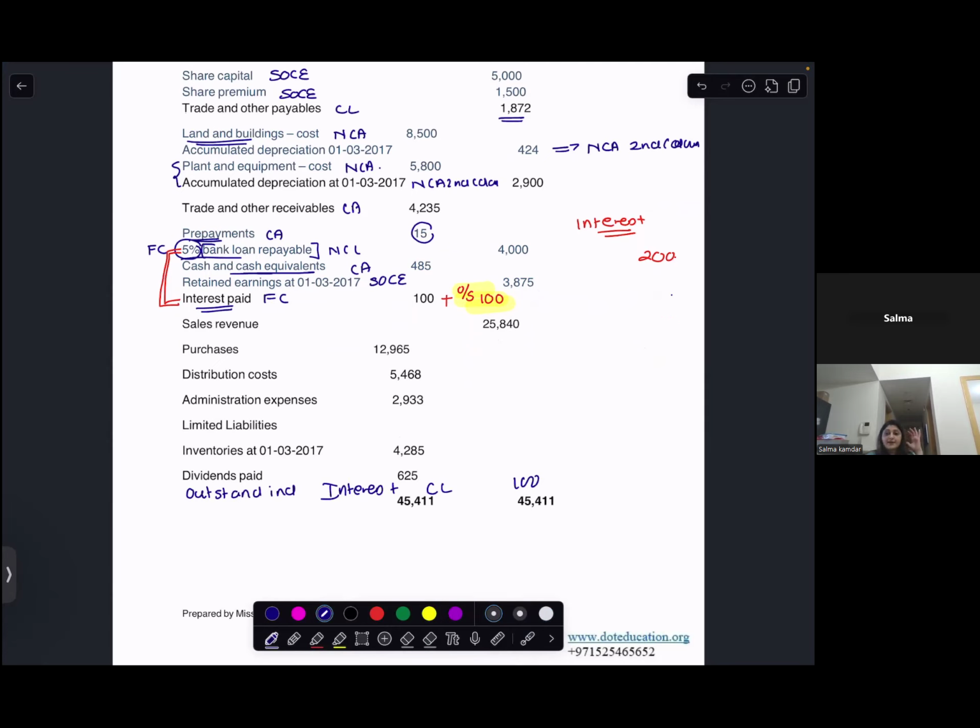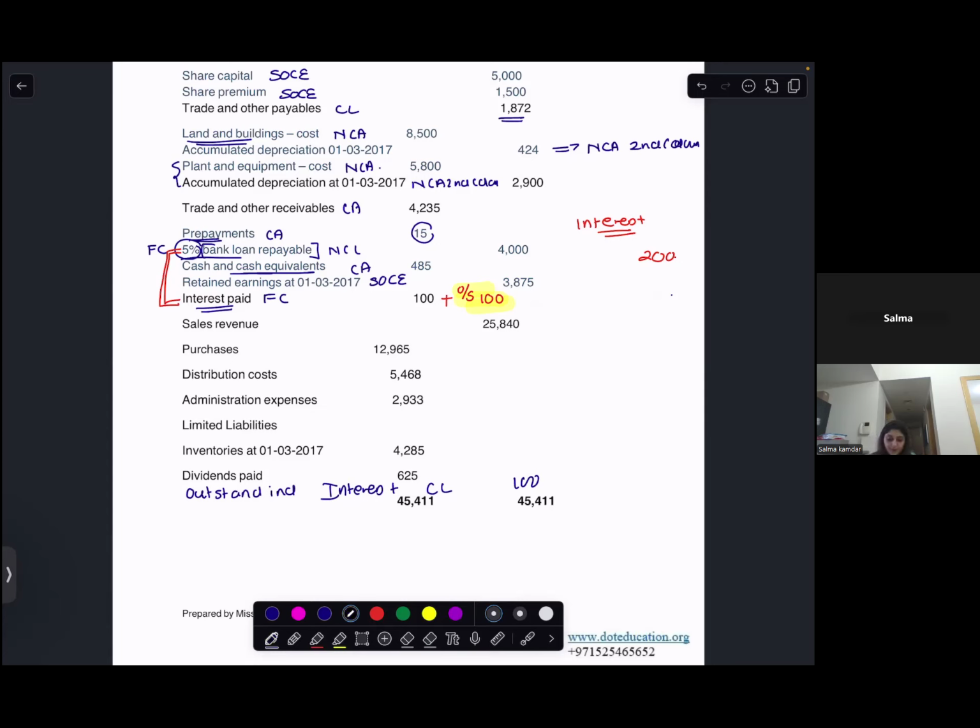Your entire income statement is based only on your markings. You do your markings properly, you score full. You don't do your markings properly, you're gone. Are you with me?